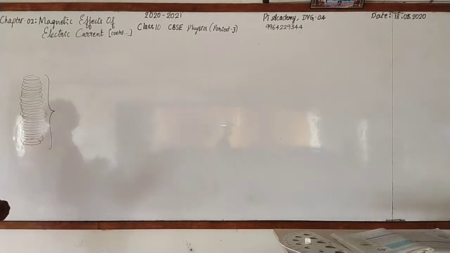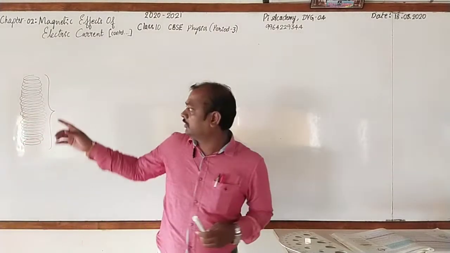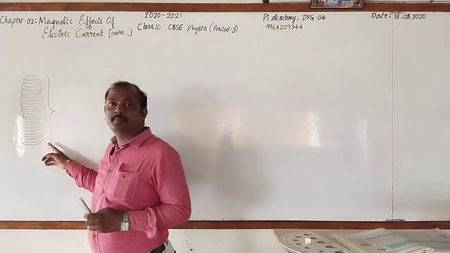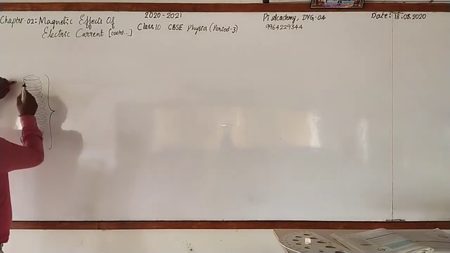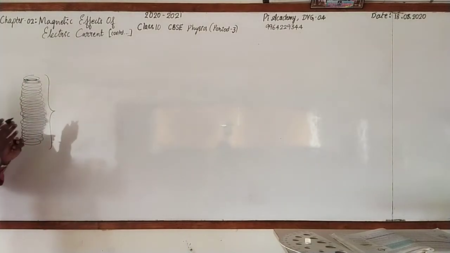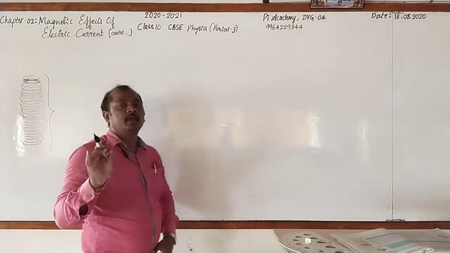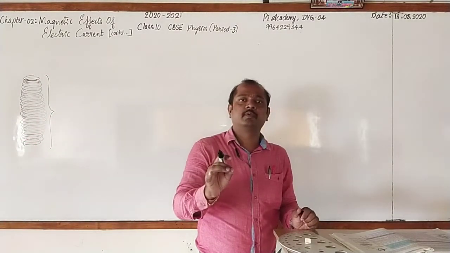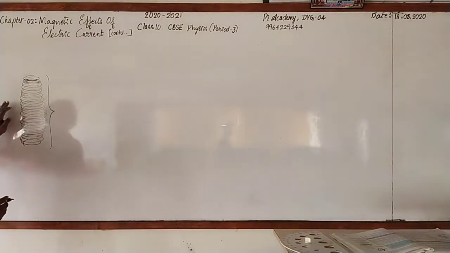Then how do you define a solenoid? Solenoid is a long coil of insulated copper wire having a number of close turnings. See that? You just observe these turnings. They are very close to each other. Got it? A long copper wire having a large number of turnings. That is called a solenoid.